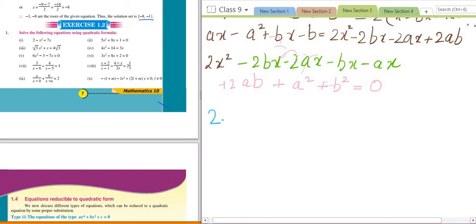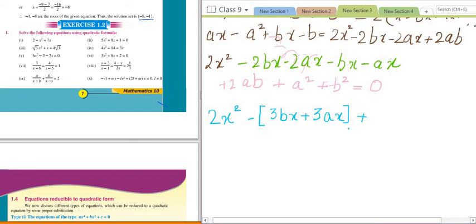This becomes 2x square minus, just take minus common from all the x variables, because there are minus in these. This becomes bx and bx, 3bx plus 3ax, okay, and the constants, this is a formula, a square plus b square plus 2ab.